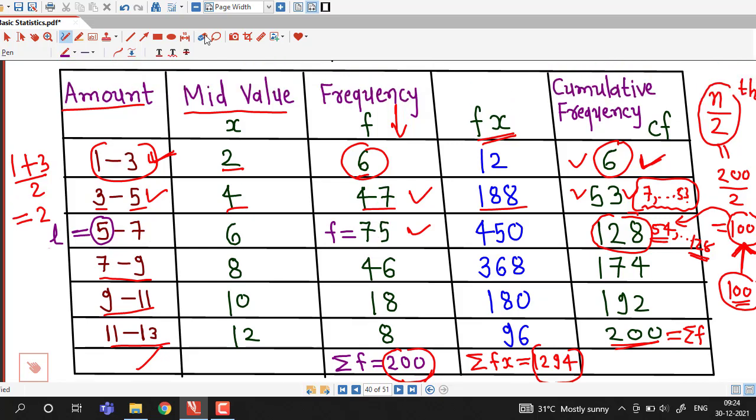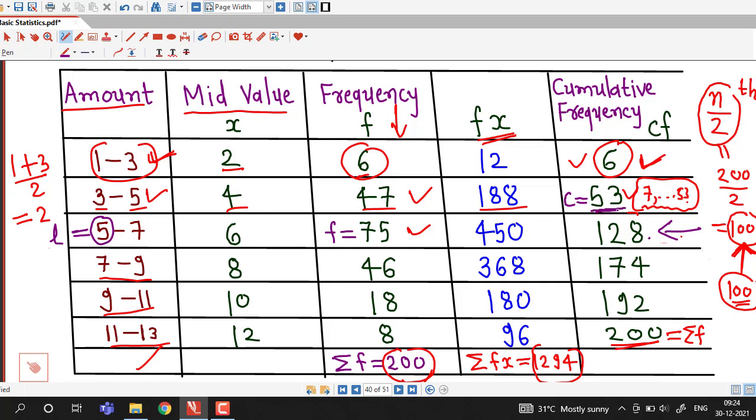Then another quantity required is the cumulative frequency of the class preceding the median class. Here the median class is 5 to 7, and we are interested in the cumulative frequency of the class which is just above the median class, or preceding the median class.